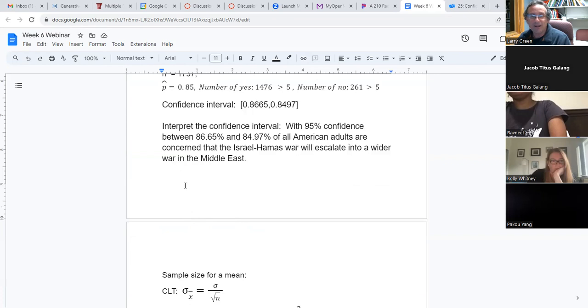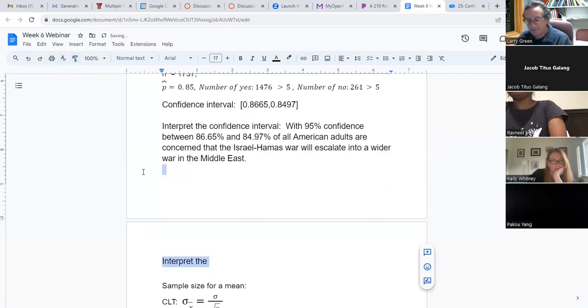All right, we could also interpret the confidence level. Let's make it bigger. Basically we have a template.